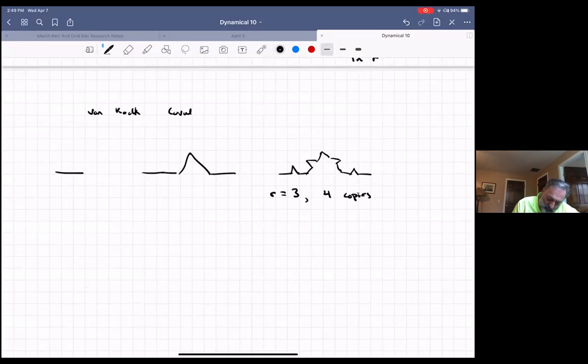So if I start with just the line and I look at 1/3 the size, I have 4 copies.